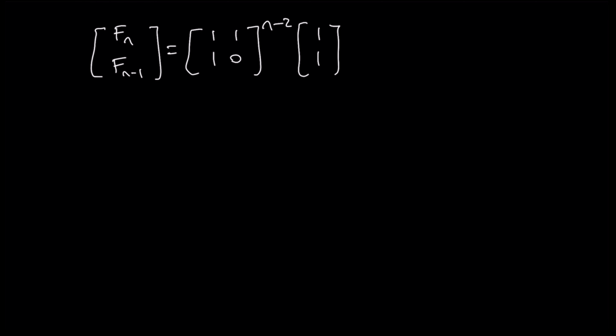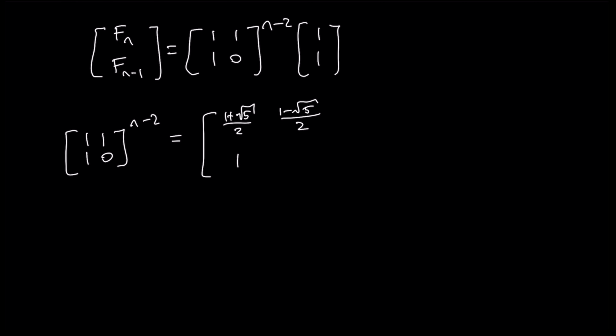And I have that 1, 1, 1, 0 to the n minus 2 is equal to that matrix S I found, so (1 plus square root of 5)/2, 1, (1 minus square root of 5)/2, 1, times that matrix D I found, (1 plus square root of 5)/2, 0, 0, (1 minus square root of 5)/2.